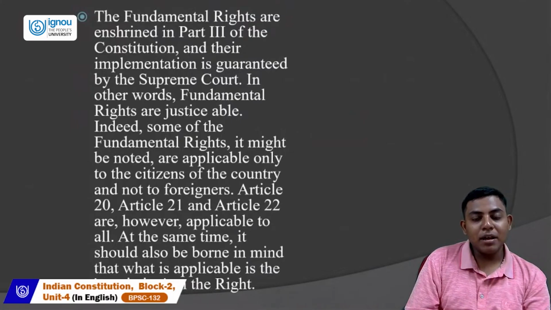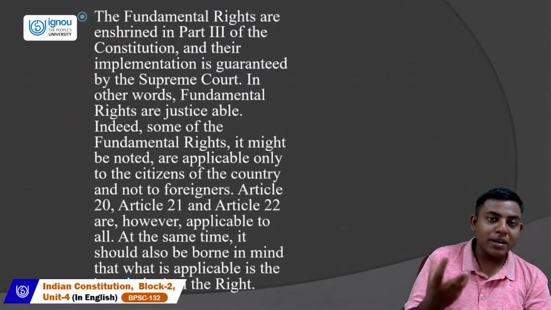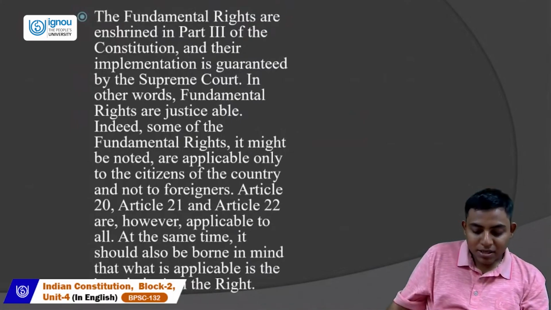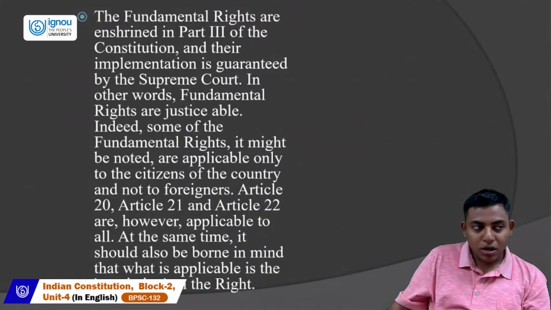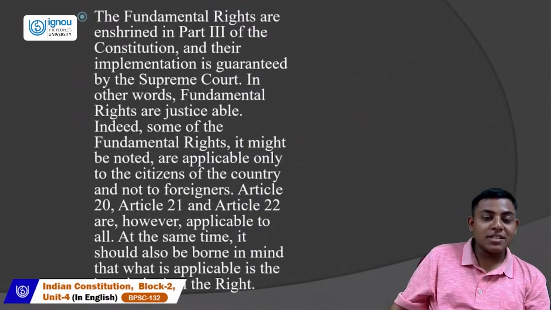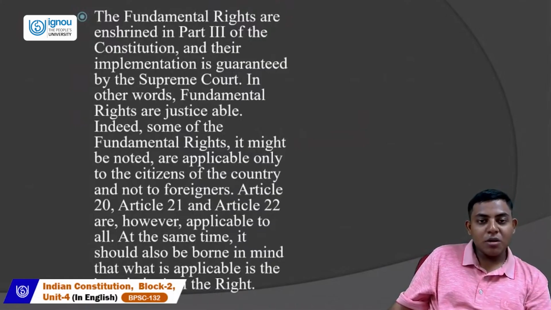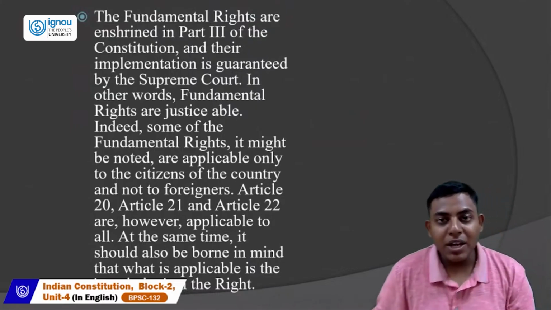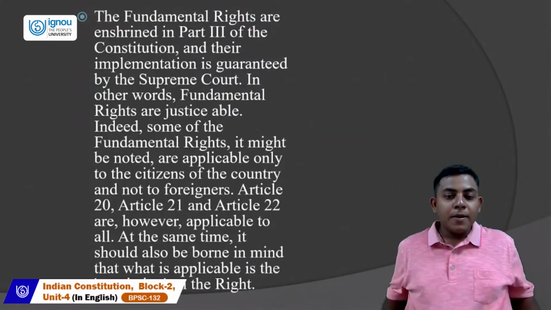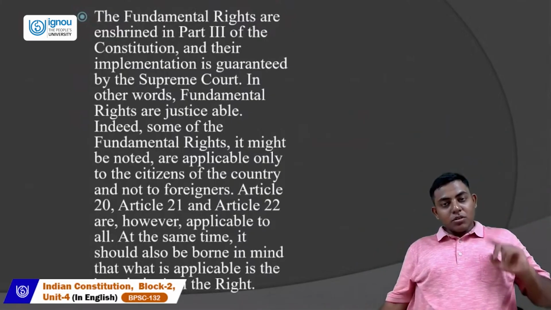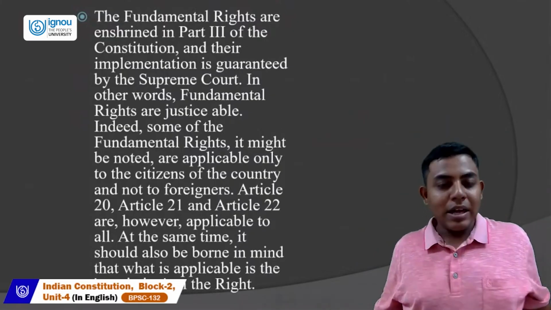A person who has been convicted for a certain crime shall be punished only according to the law that was in existence at the time of the commission of the crime. So there shall not be any ex post facto punishment. All these things are enumerated in Article 20. So Article 20 is applicable to citizens as well as foreigners.